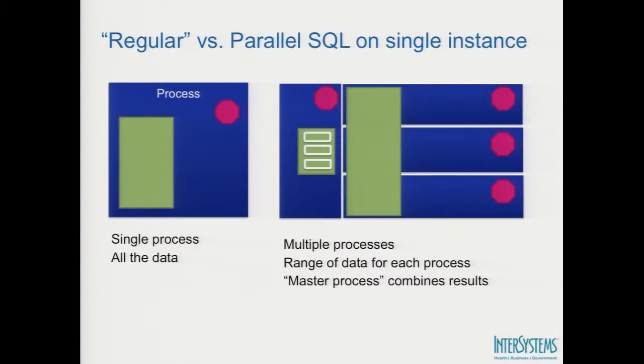That's what's going on in a single instance. A very similar thing goes on in the shard system, though those worker processes would be remote processes on the shards, and the master would be your aggregator.